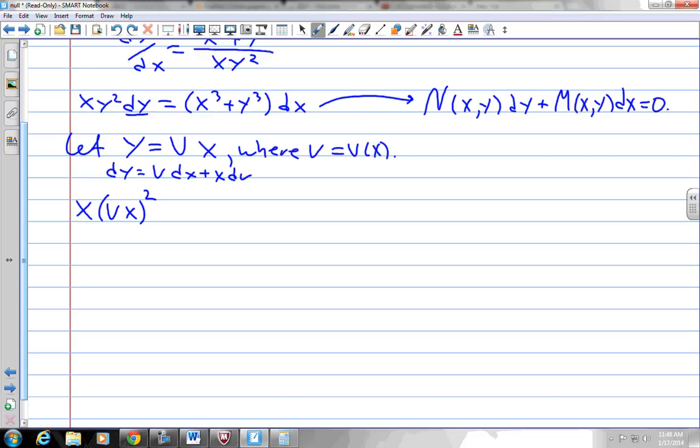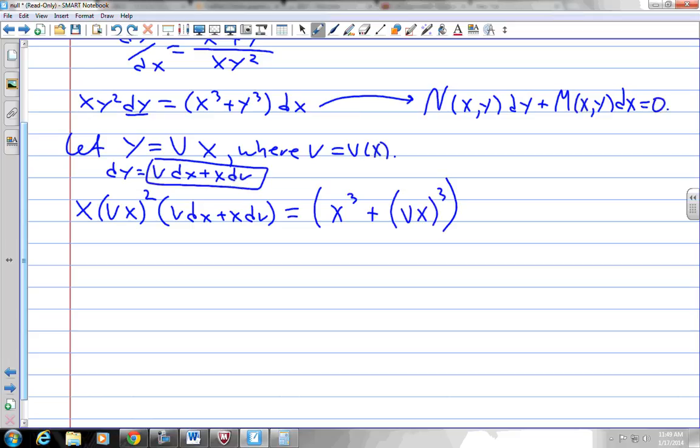So dy is being replaced with this expression by the product rule, v dx plus x dv, equals x cubed plus, instead of y cubed, I'll put vx cubed, dx. So I don't have any y's, but I have that extra v.